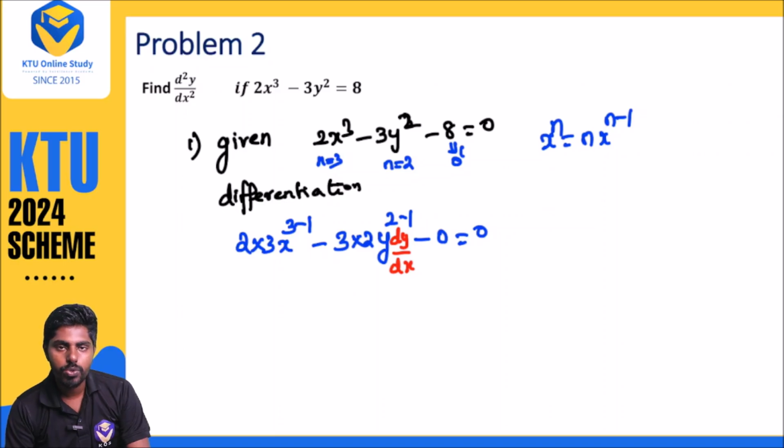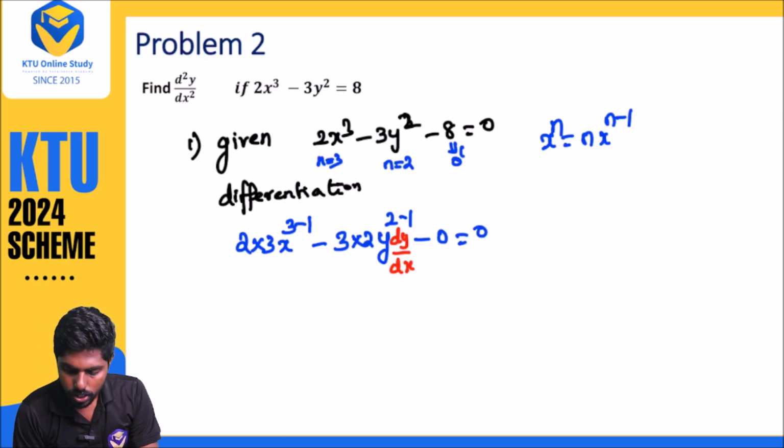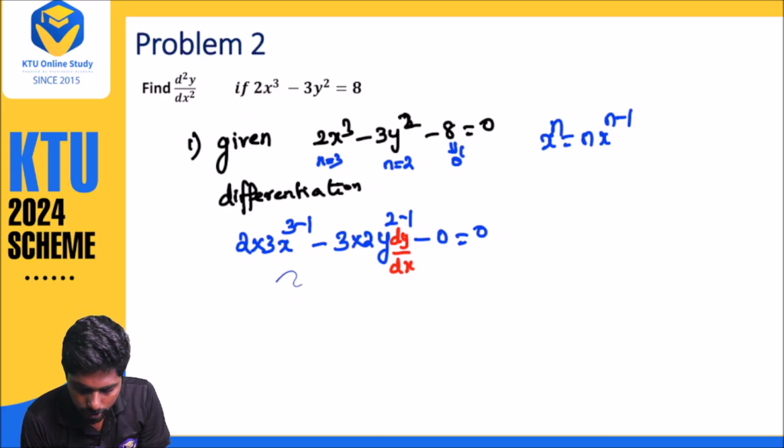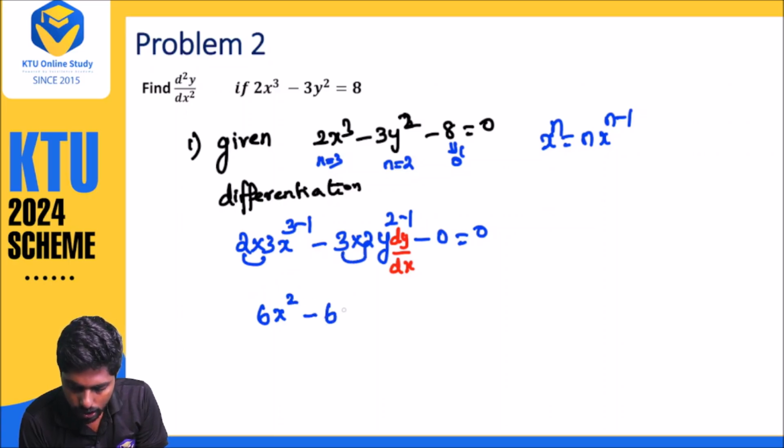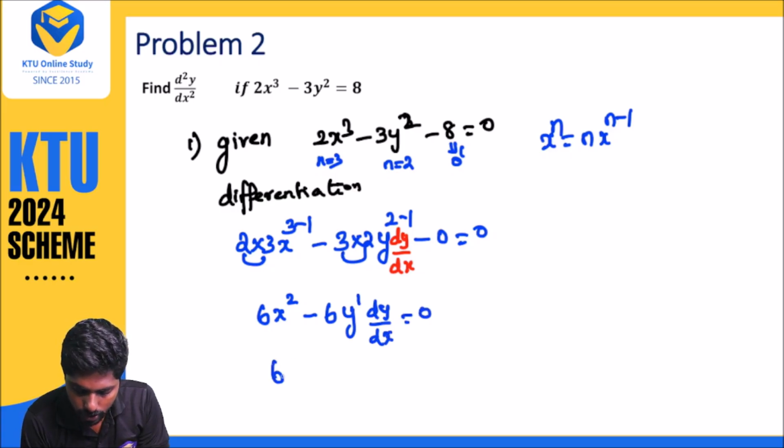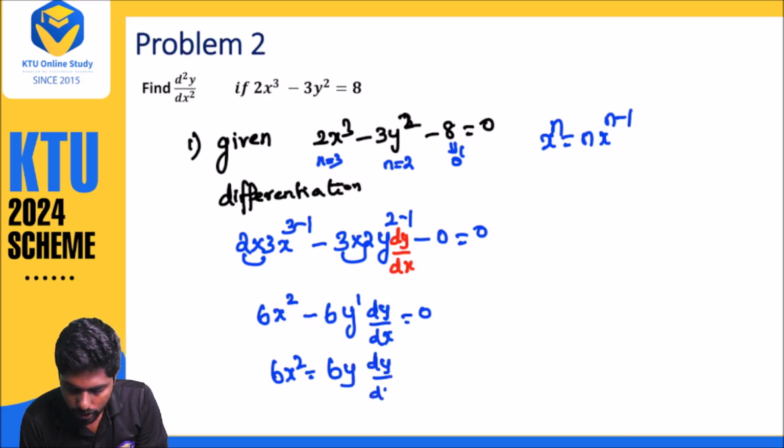Implicit differentiation means that when you differentiate y, you must write dy by dx. Now solving, 2 threes are 6, so 6x square minus 6y dy by dx is equal to 0. Bringing the minus term across, 6x square is equal to 6y dy by dx.